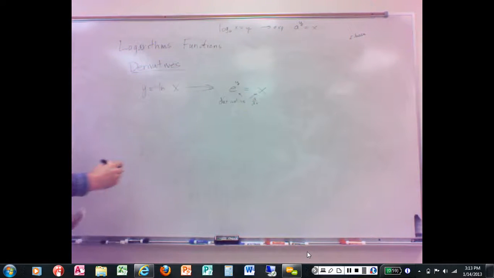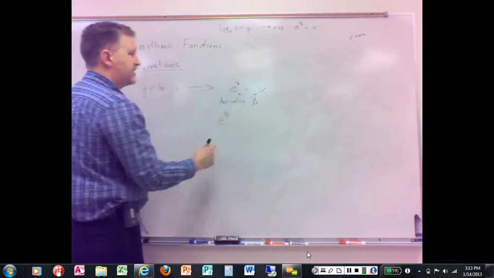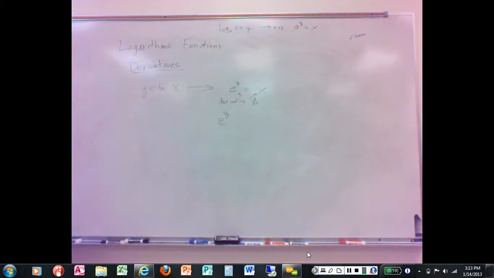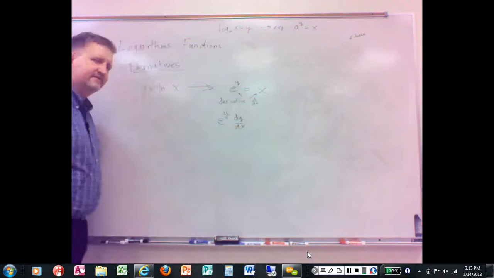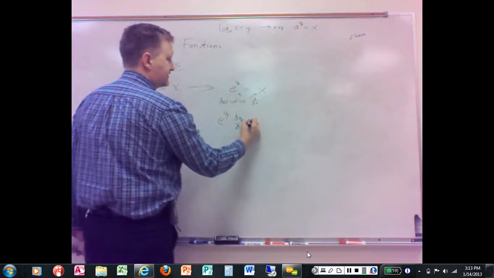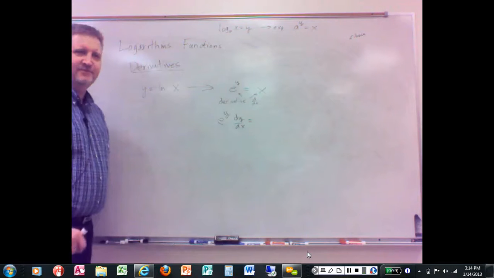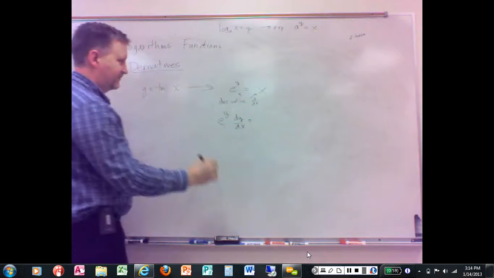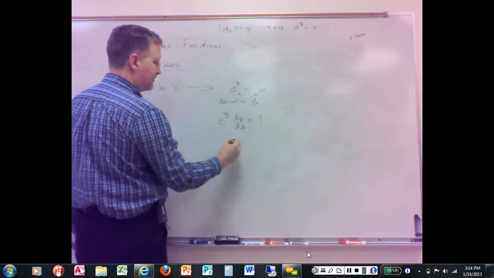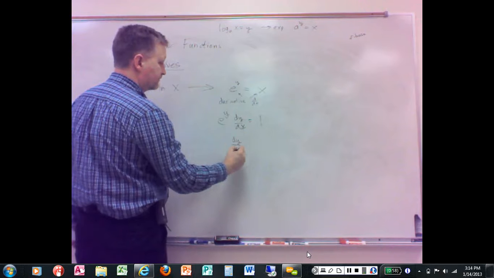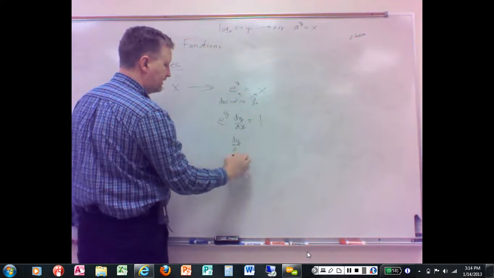The only thing is I'm doing the derivative with respect to x, so I need a dy dx, don't I? Now what's the derivative of x with respect to x? 1. Okay. Well, what am I trying to find? I'm trying to find the derivative. So here, let's solve for dy dx.